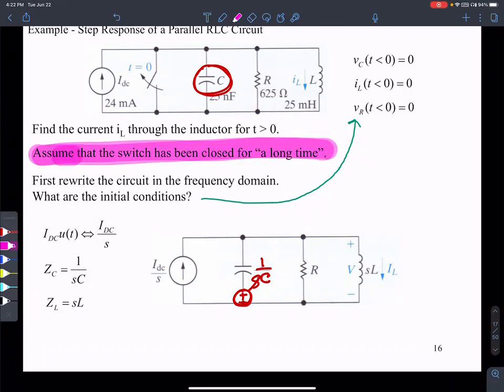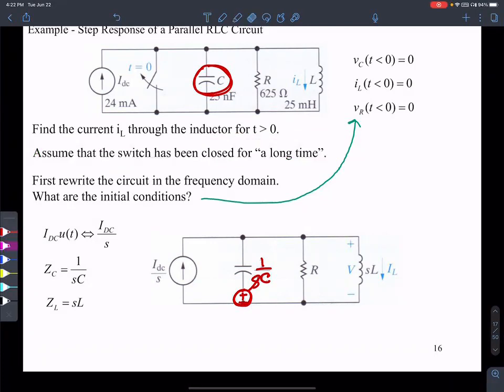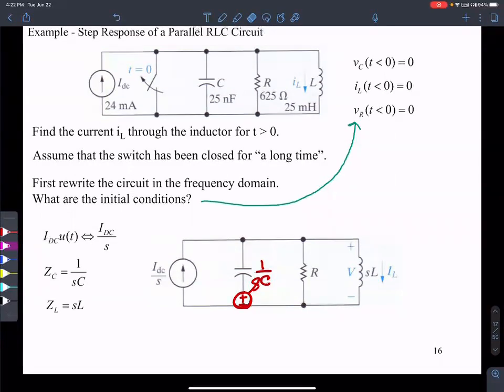When the switch has been closed for a long, long time, it means that the capacitance and the inductance are fully discharged. There is absolutely no energy stored in them. What it simply means is that the initial condition is 0. Therefore we can ignore this guy, and we are left with just the 1 over SC term.